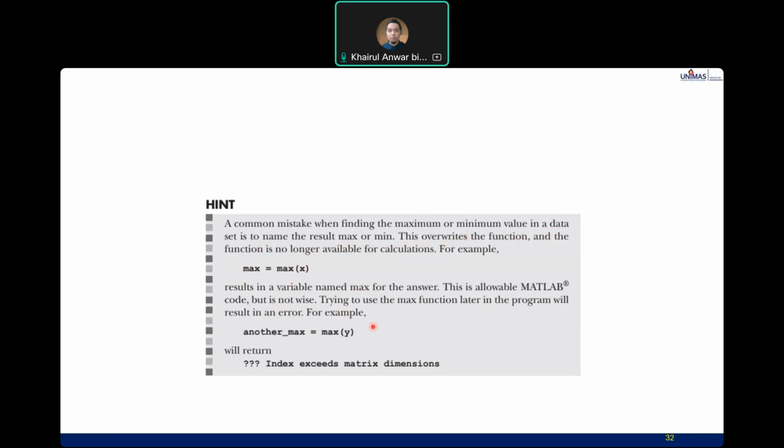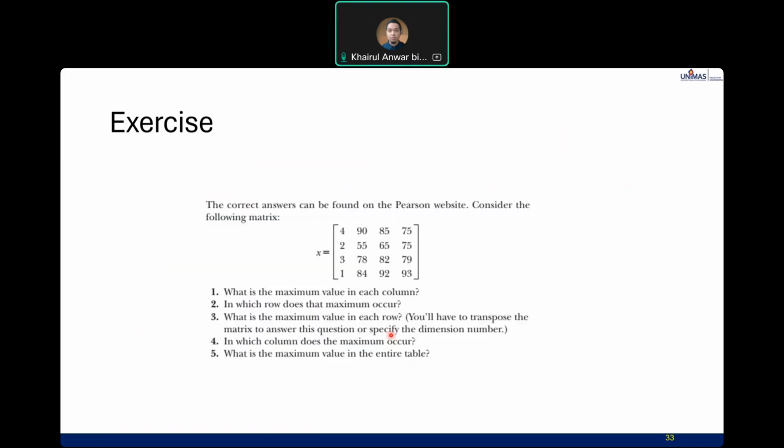So don't use the command as the variable like this. Otherwise, if you want to calculate another max, it will return an index exceeds matrix dimension error, because at that moment max is not a command but a variable.